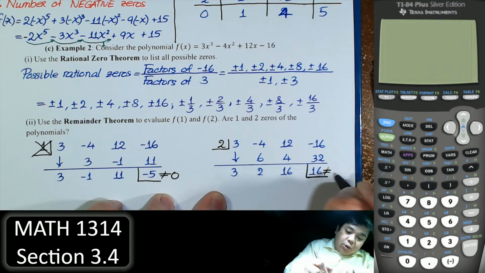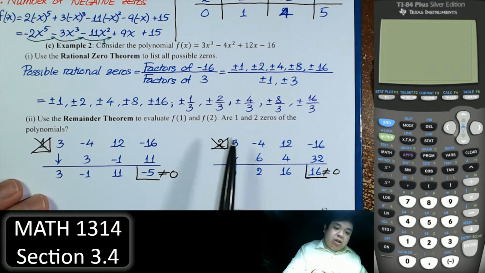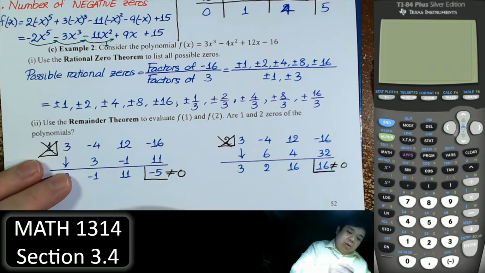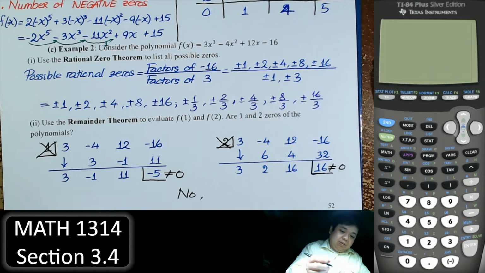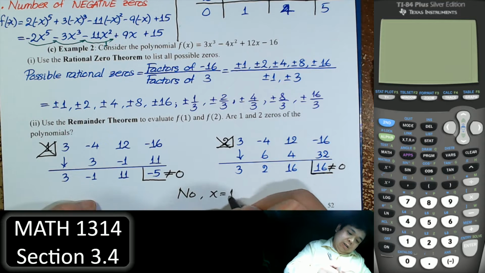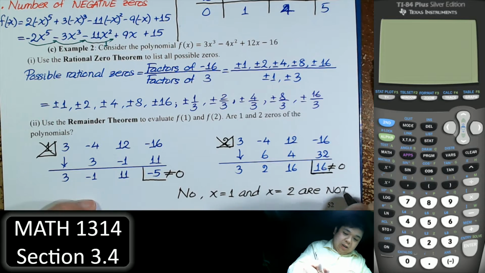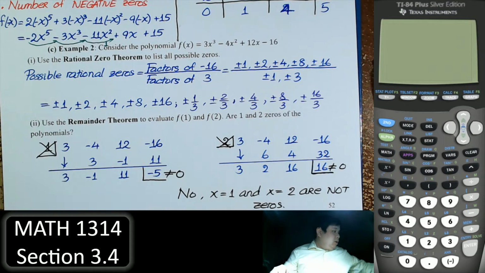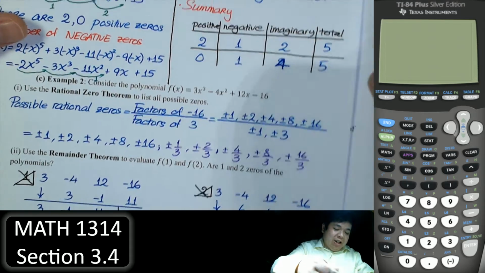That is not equal to 0, so x equal to 2 is not a zero. So the question is, are 1 and 2 zeros? The answer is no. They're not zeros. Right, so it doesn't work.